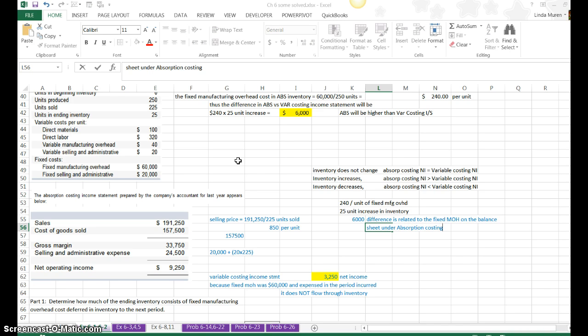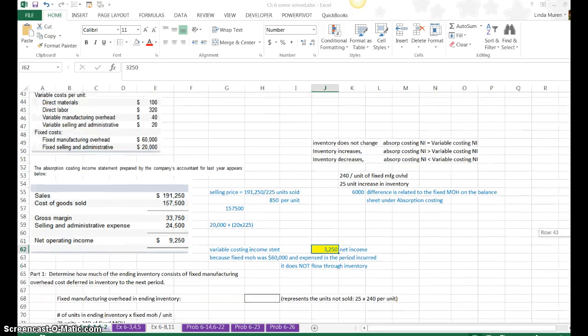Again, remember, all 60,000 moved to the income statement under variable costing. 6,000 of that 60 is still sitting on the balance sheet under absorption costing. So that means when inventory increases, absorption costing will show a higher net income by $6,000 over variable costing. So if I look at the absorption costing income statement, I'm going to predict that the variable costing income statement will be $6,000 less, or $3,250.